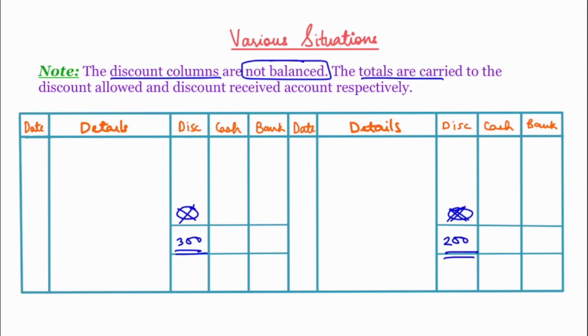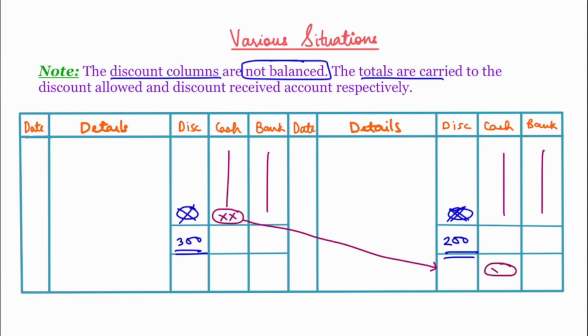And apart from this, the cash column and the bank column will be done as we did earlier. So there will be balancing. If the balancing is over here, then it will be taken down to the opposite side.